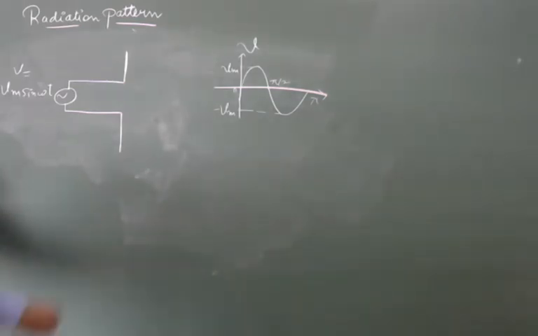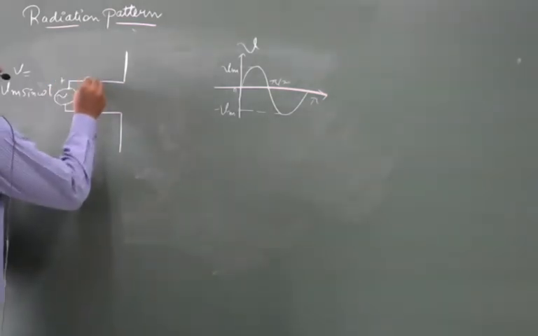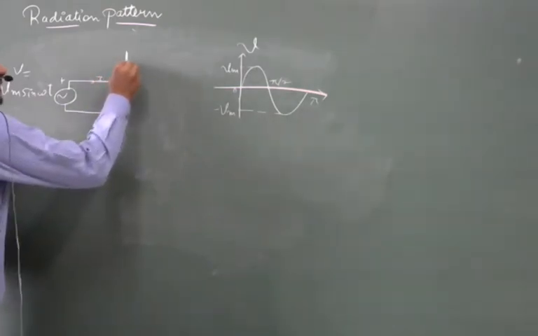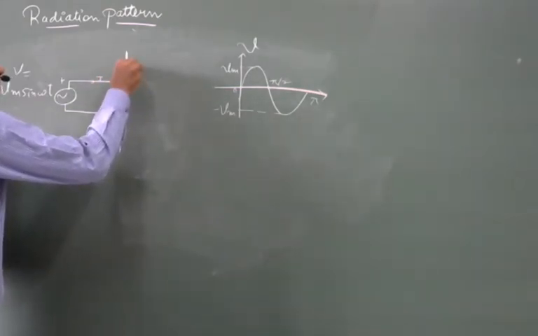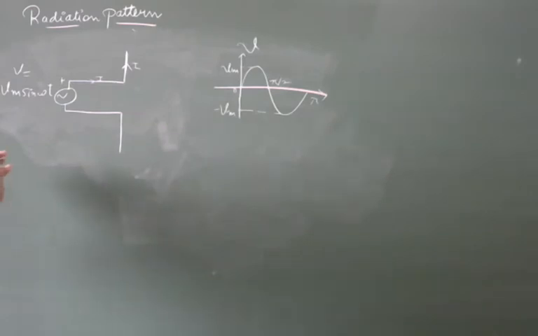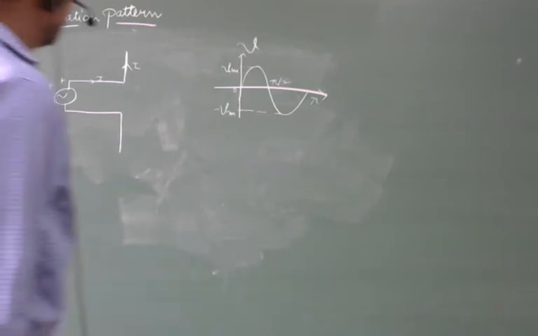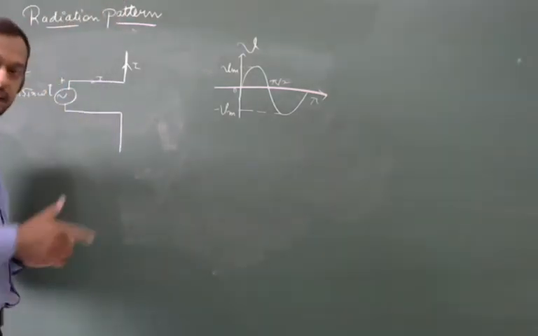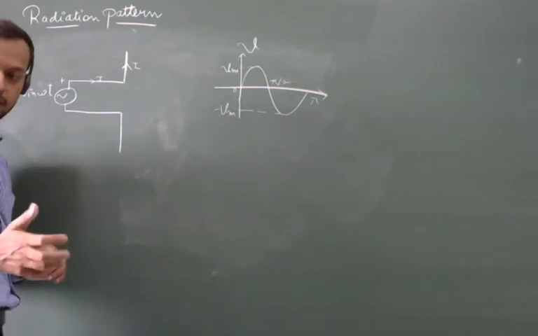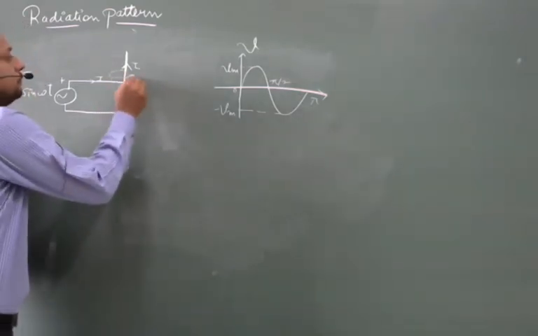From now, this is positive, the current flows and goes in this direction. Now this current will create a magnetic field around this wire from Ampere's law.